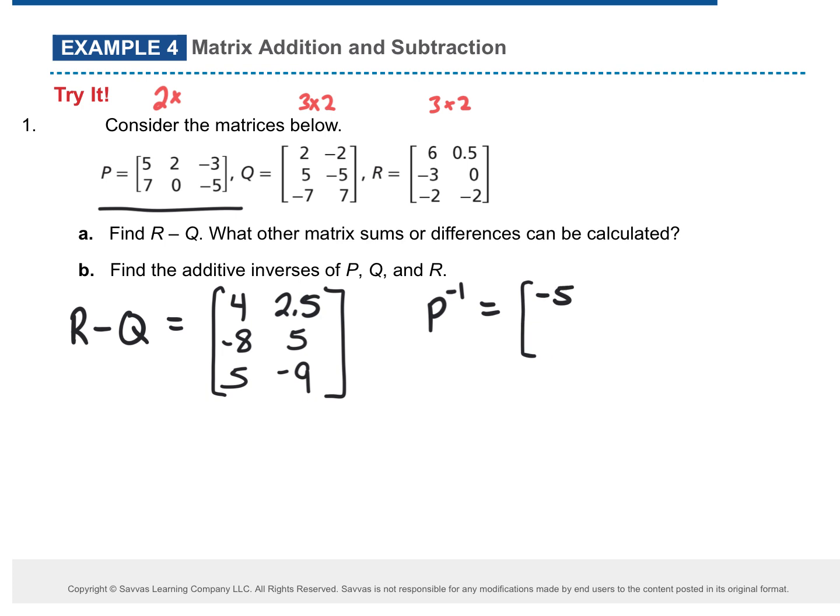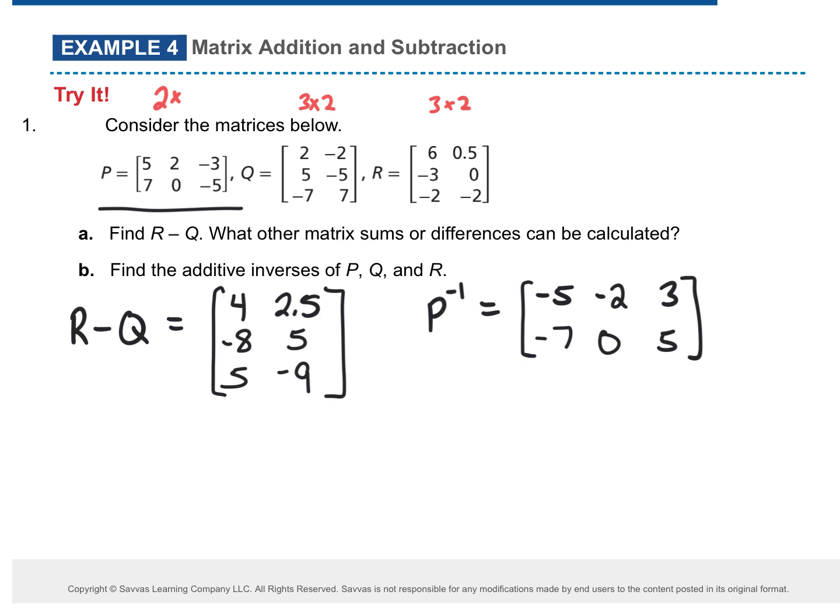What's the opposite of 2? Yep. When I'm writing these, does it matter the spots I'm putting them in? Yes, they have to be in the same spot. What's the opposite of -3? 3. Opposite of 7? -7. Opposite of 0? Is there such a thing as -0? No, just 0. And then the opposite of -5? 5. That's the inverse of P.